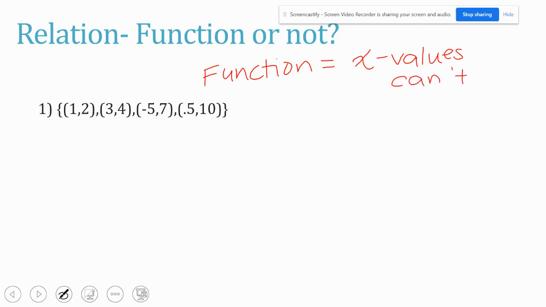So that's really important for you to remember when you're doing the examples today. Okay, so we're going to take a look at all of our x values. We have 1, 3, -5, and 0.5. In this example, none of these x values are the same number. None of them repeat. So this is a function.